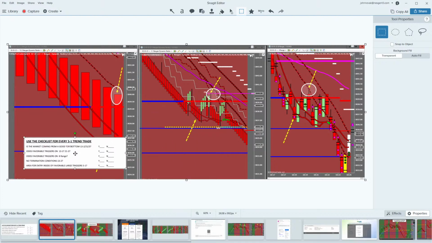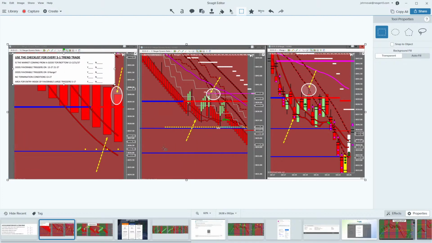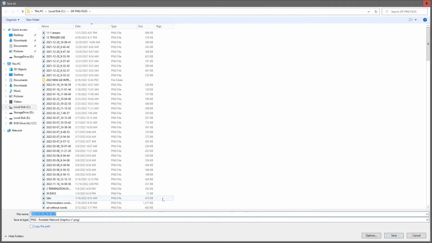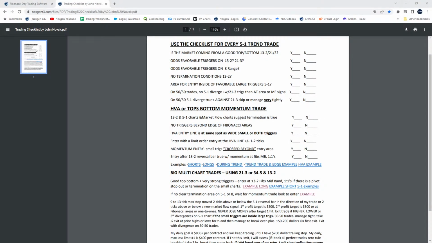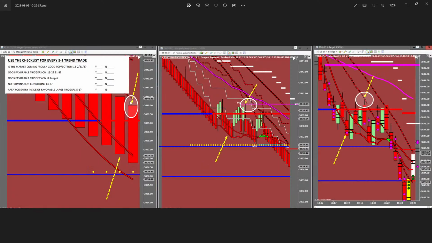If you don't have Snagit, get Snagit. It'll make your life a lot easier. I like to blow things up really big so you guys can see them really well. Tell me if I'm off base here, but if you don't take one, it's okay. It's not going to kill you.